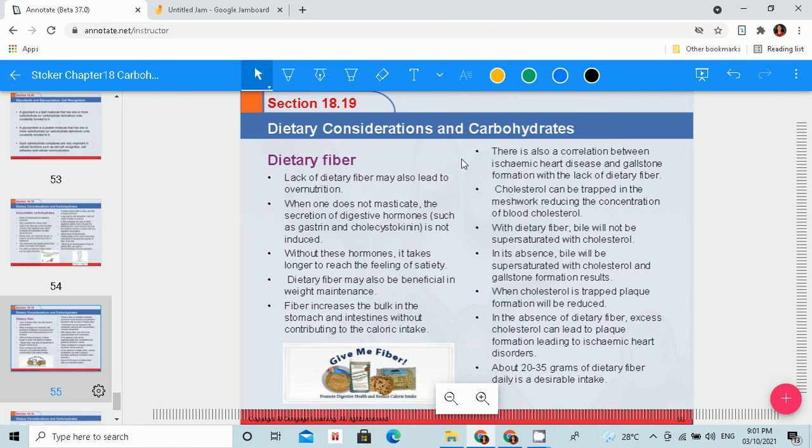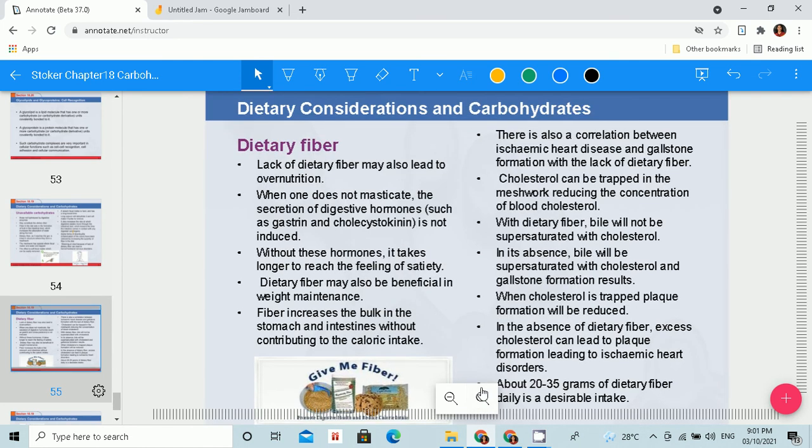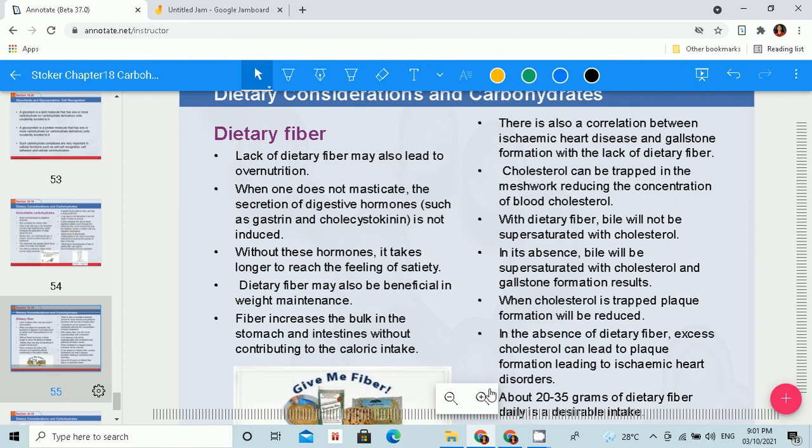When one does not masticate, the secretion of digestive hormones such as gastrin and cholecystokinin is not induced. Masticate means chew.